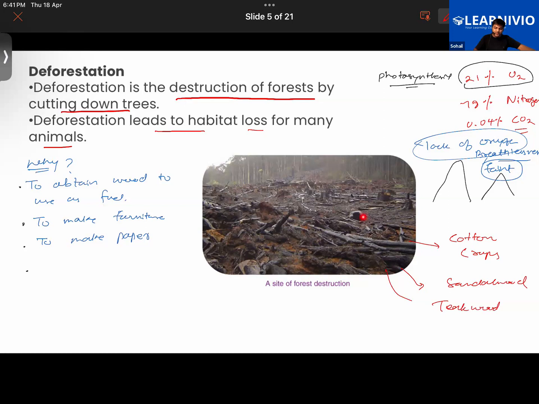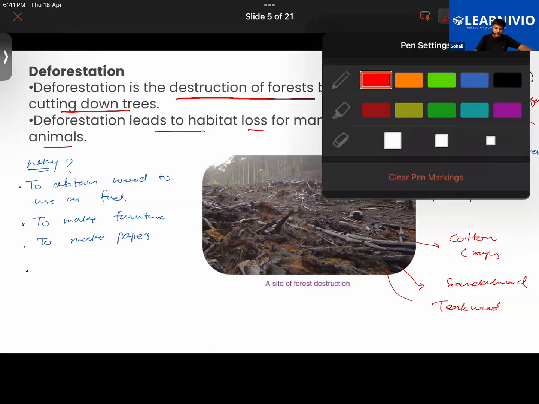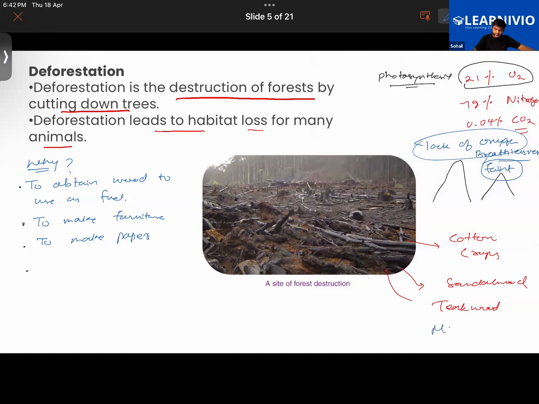So you will have to clear the forest, and now you will be practicing monoculture. So to practice monoculture also, sometimes forest is cleared and plants are cut down. Getting it now? So that is another reason.